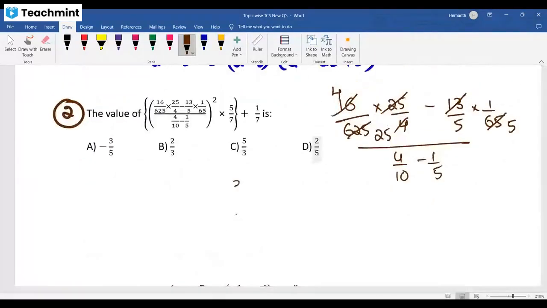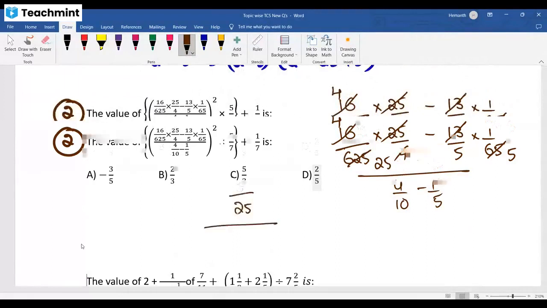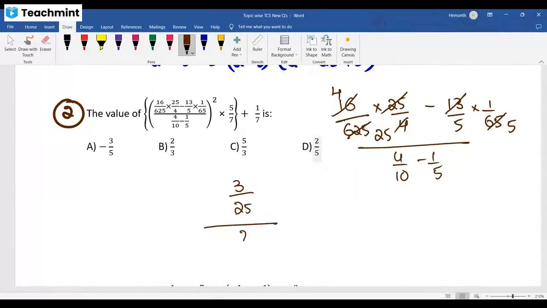Denominator, this can be taken as 2 by 10. Okay. 4 by 10 minus 2 by 10, we will get 2 by 10 only. This is 5 times, 5 2 times. This and this cancel. It's 3 by 5. So this internal term totally we got 3 by 5, but you need to do square for that.